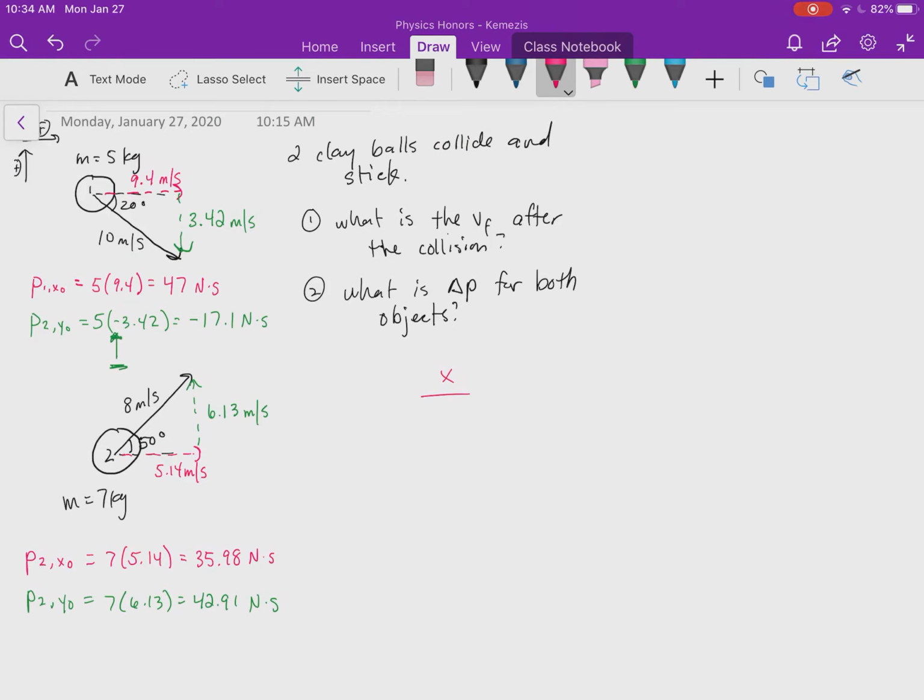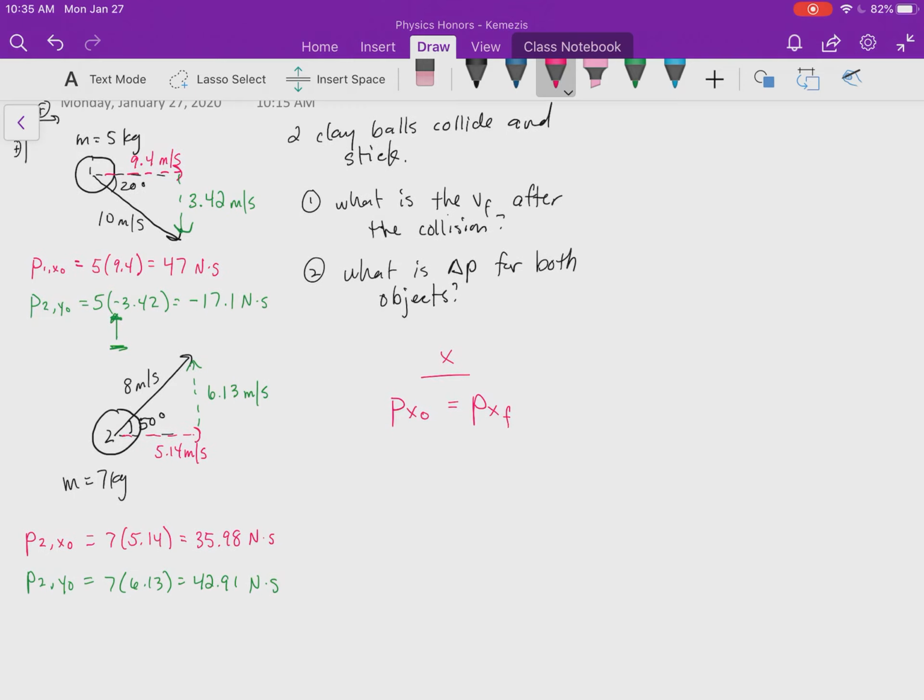Okay, so let's talk about the x momentum. We'll just talk about the x. So we know that px before the collision, px naught, is going to be equal to px final, because the conservation of momentum says the momentum before the collision and after the collision is going to be conserved.